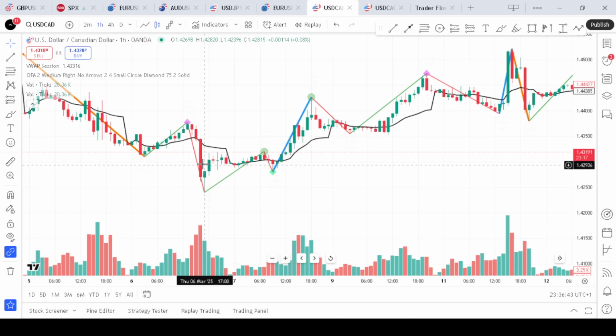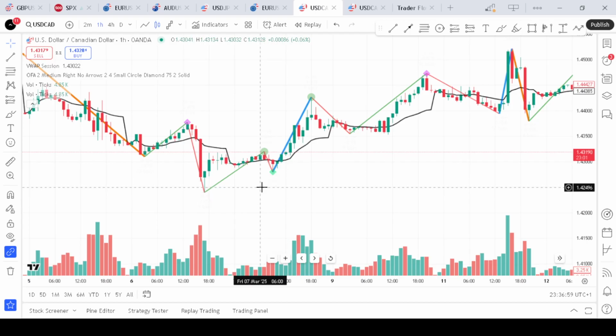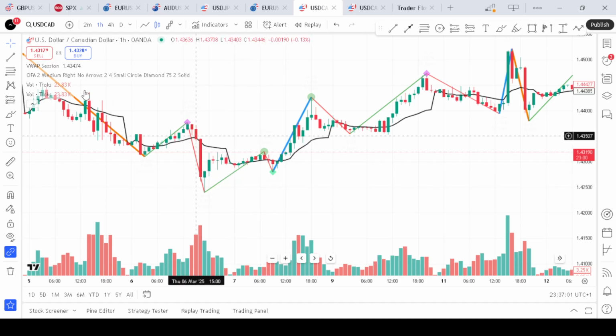Now, the VWAP serves as a benchmark, helping traders to determine whether the current price is above or below the average trading price. So let's see how we can incorporate this into our trading strategy and how we can master the order flow VWAP.